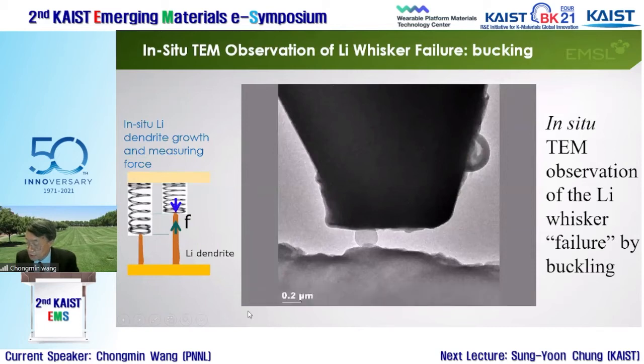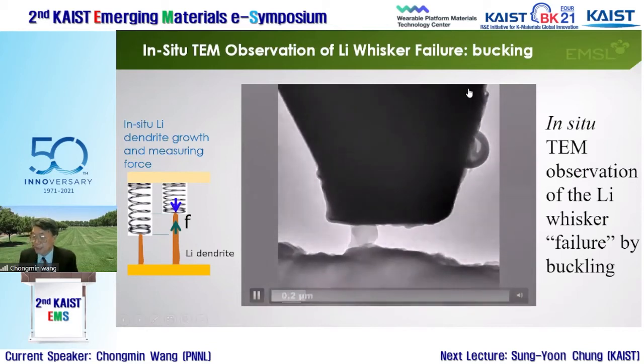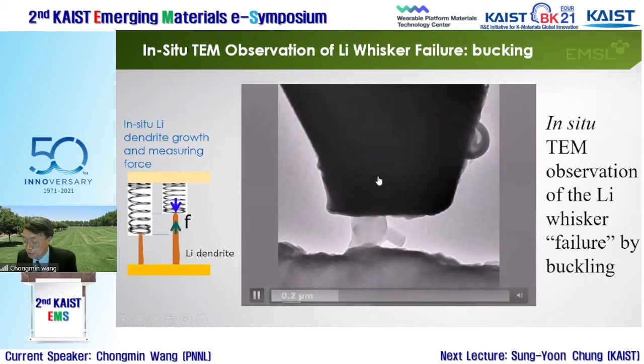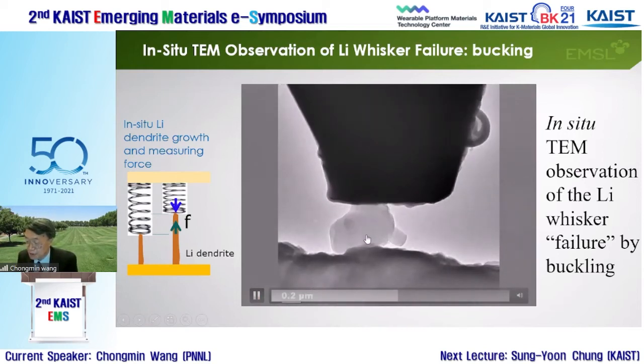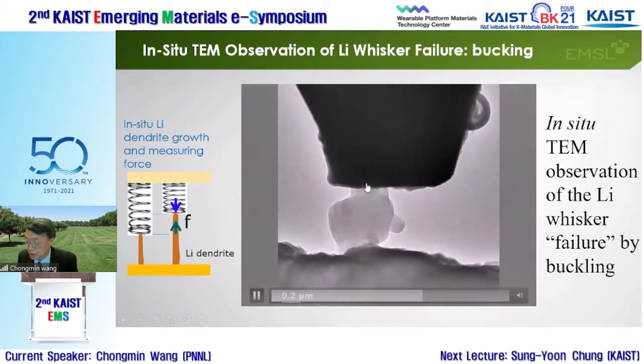So we can monitor different growth modes. For example, if you change the spring constant of the cantilever, you get a much stronger compression and confinement initially, and then it just grows sideways, and eventually the whisker is unable to grow thicker.